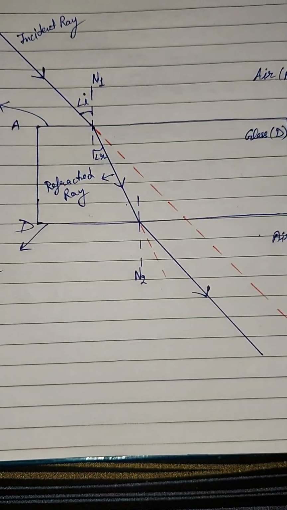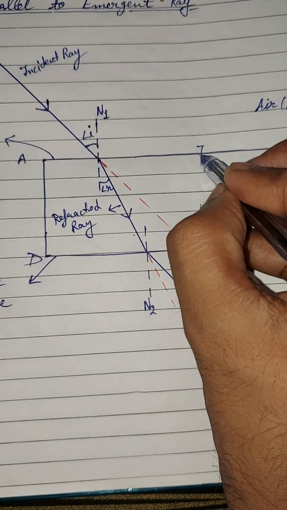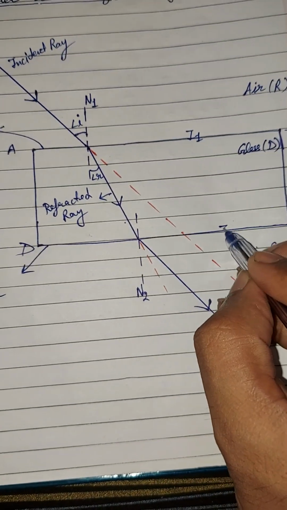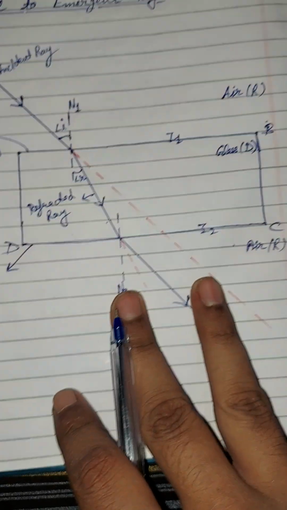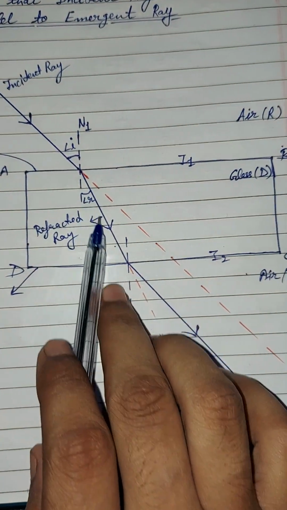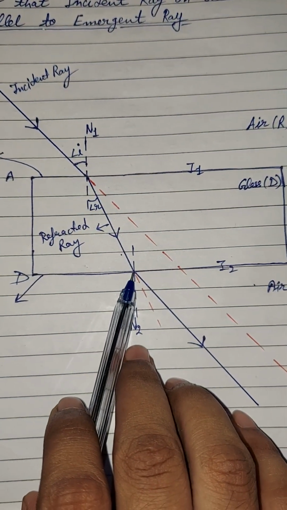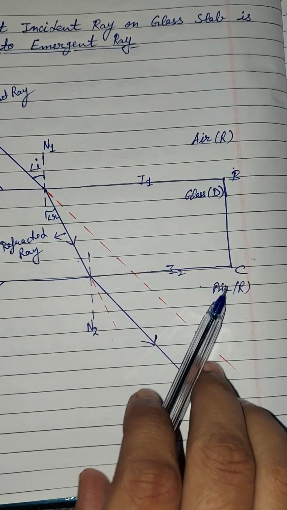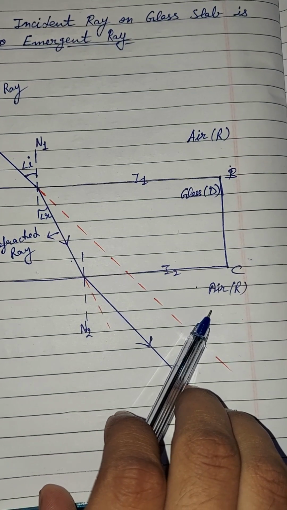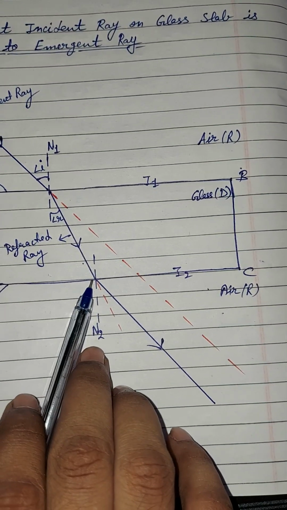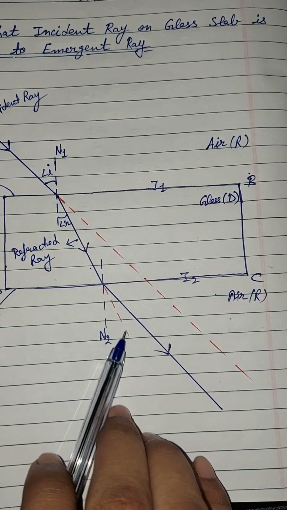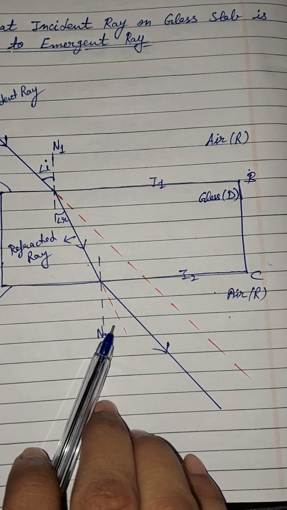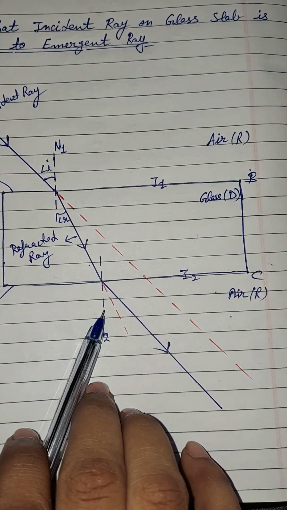Now this is interface 1 and this is interface 2. When this refracted ray reaches interface 2, it has to move from a denser medium to a rarer medium. This is the original path of the refracted ray, and this is the normal.